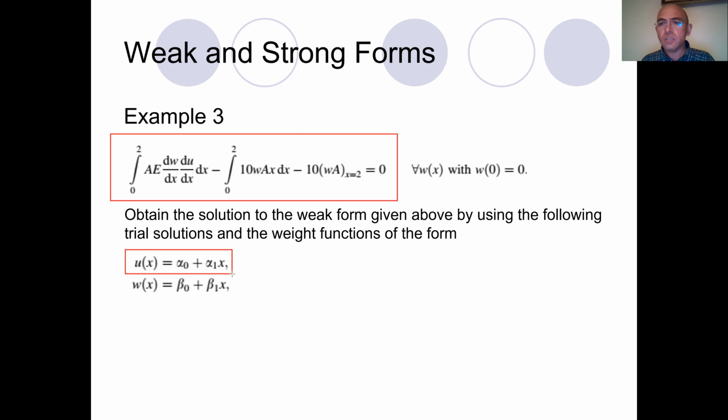We don't know whether the solution is such a function or not, but we assume and try to approximate the solution, and therefore we call it a trial function.